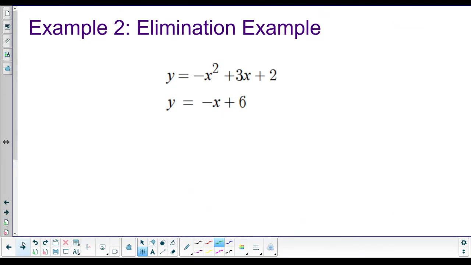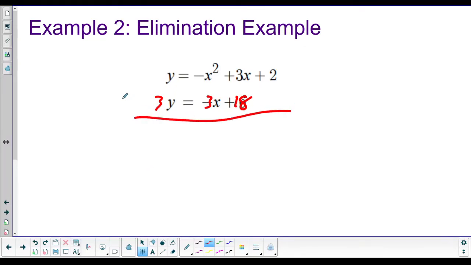All right. For the second one, we're going to do elimination. So let me just pretend that I want to cancel out the x's here. The first problem is the coefficients don't match. So let's multiply this by 3. So we have 3y equals negative 3x plus 18.